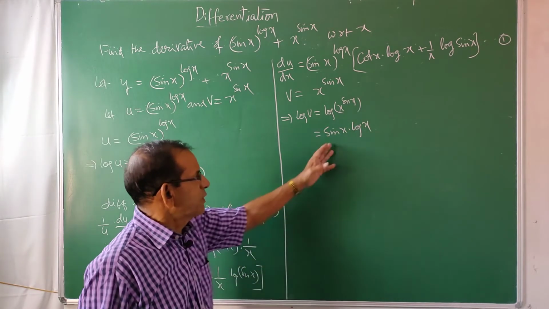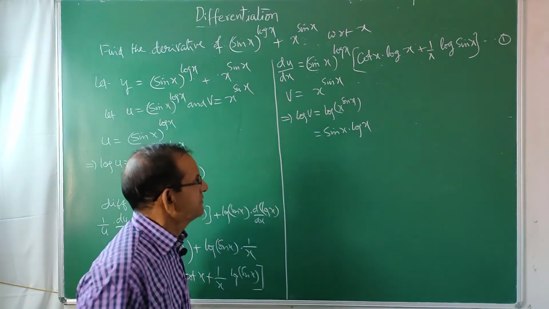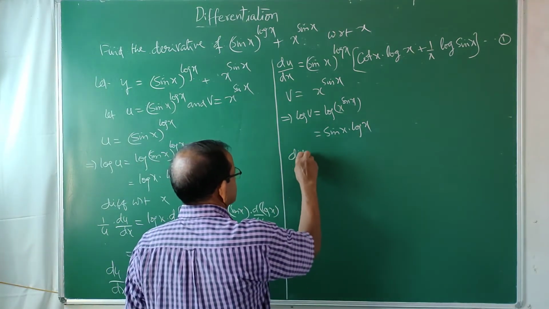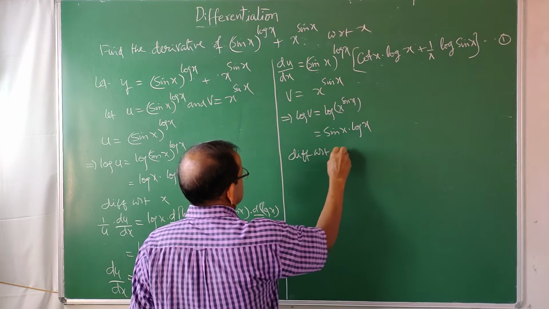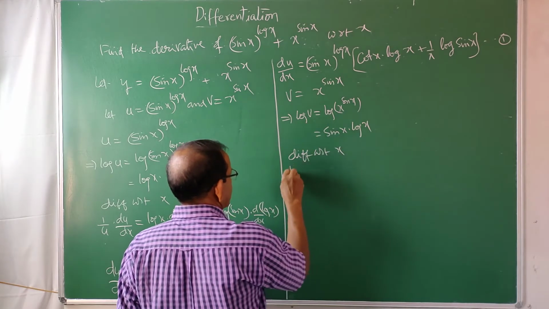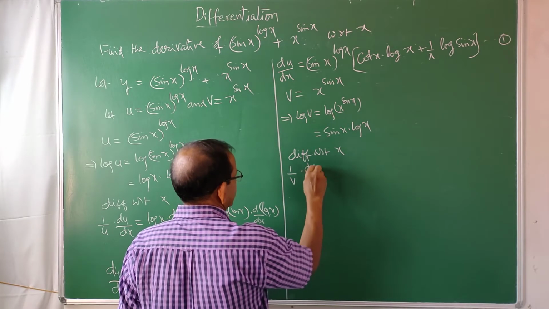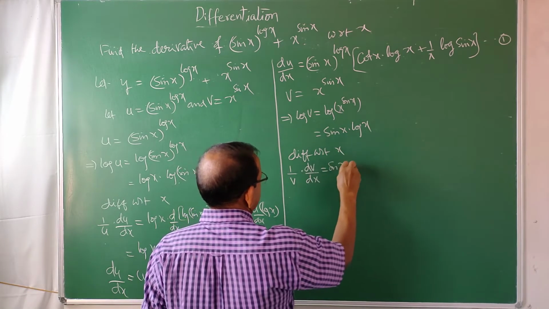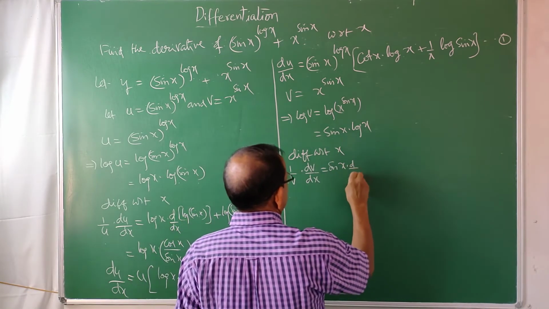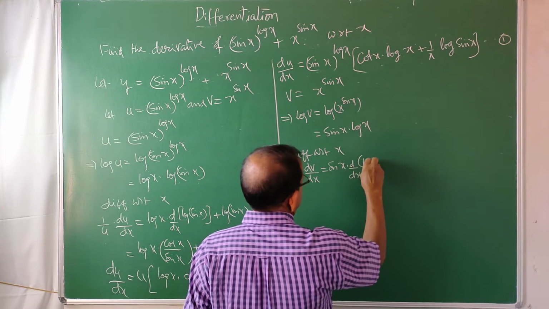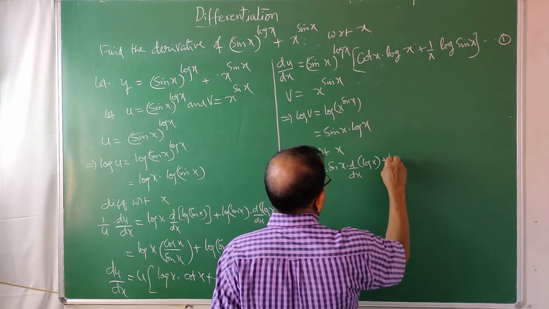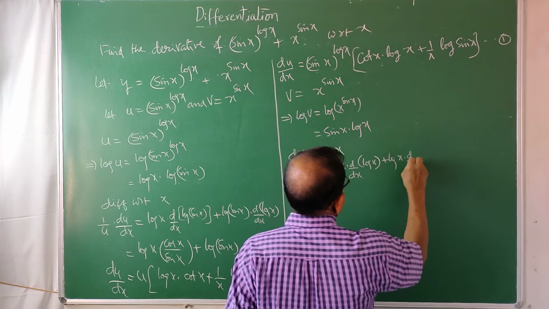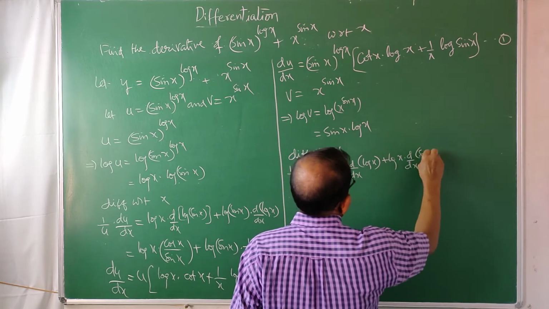Now it is a product. Now differentiate with respect to x. Log v derivative 1 by v into dv by dx. Right side sin x into d by dx of log x plus log x into d by dx of sin x.